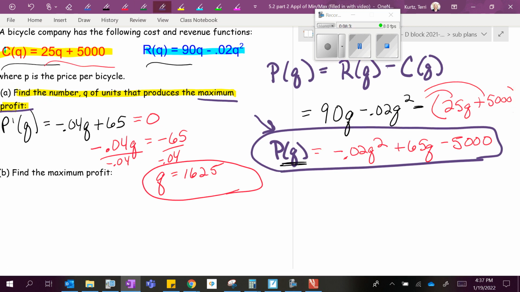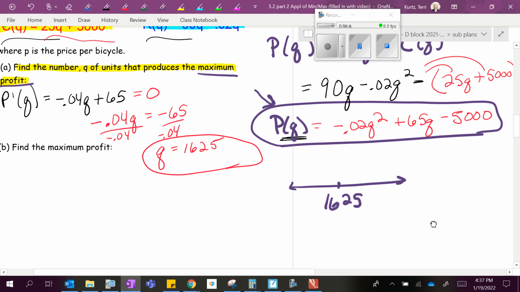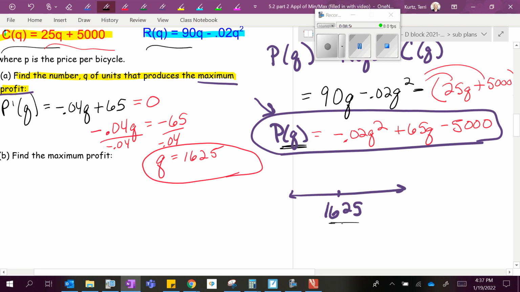Now, I would like to verify that that's going to be a max, right? Because we know it could be a max or a min. So I should put that on my number line and test it out. If I want to choose a value less than 1625 for my derivative equation, I could choose 0, right?